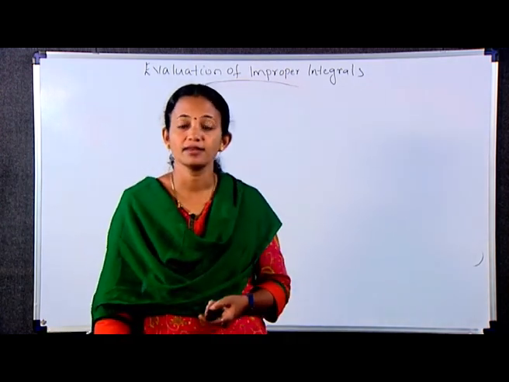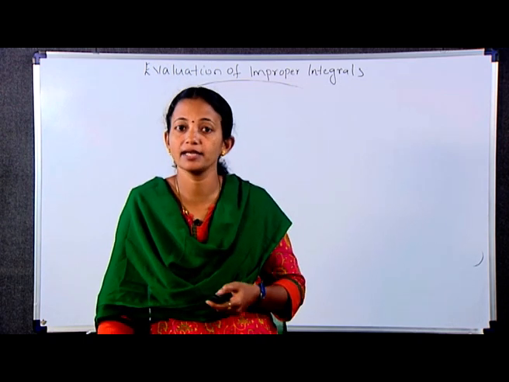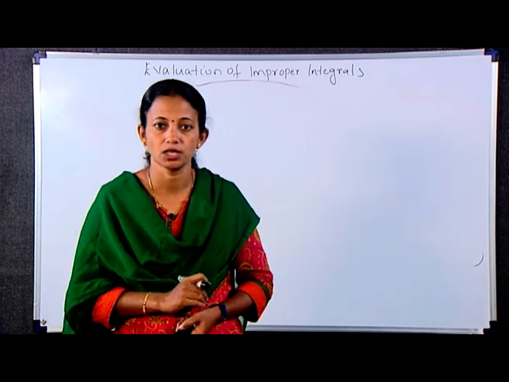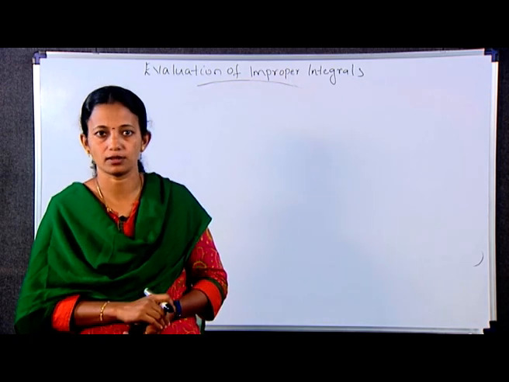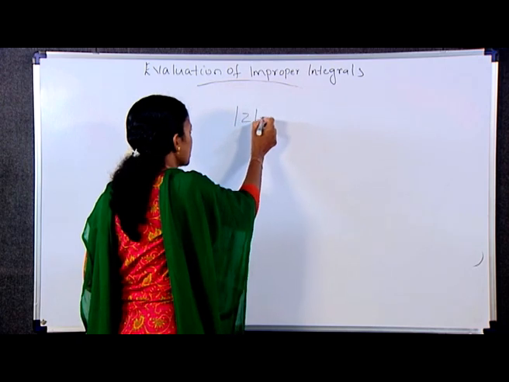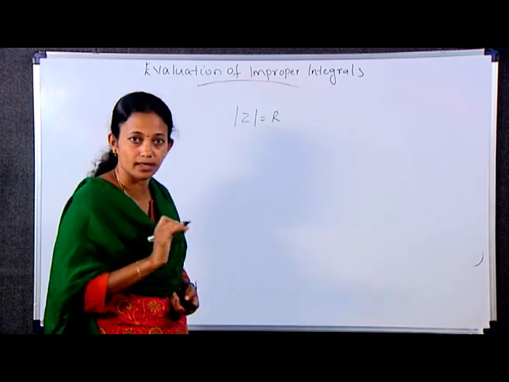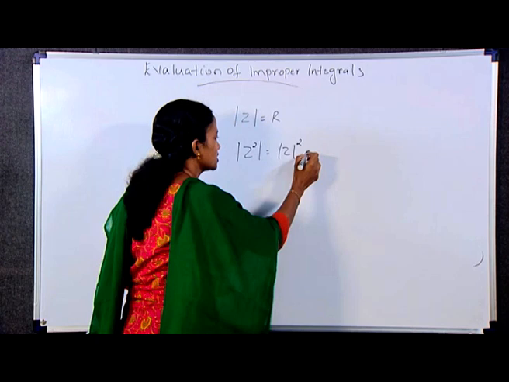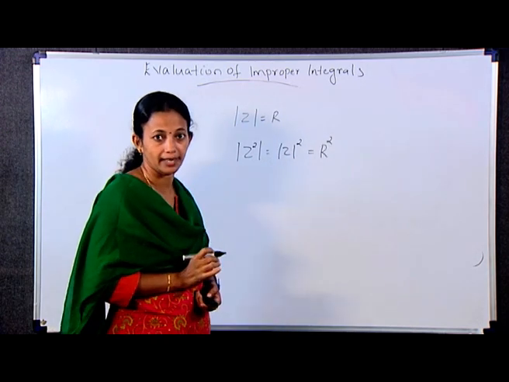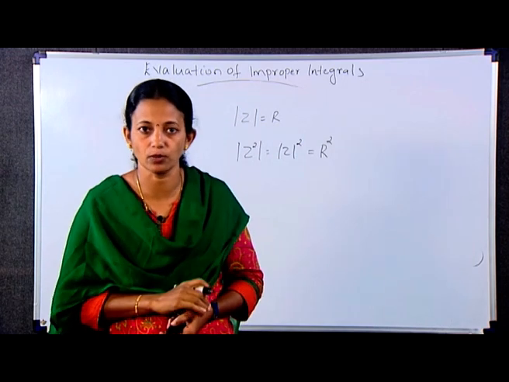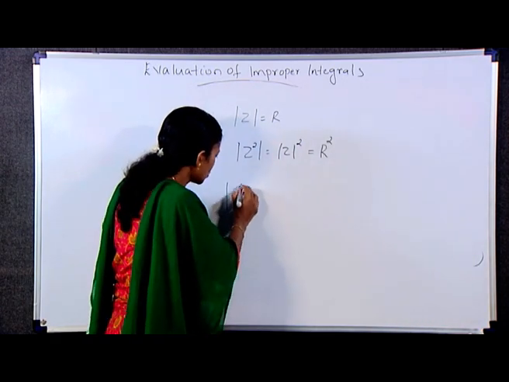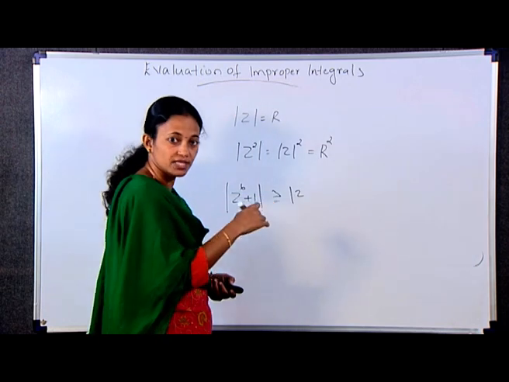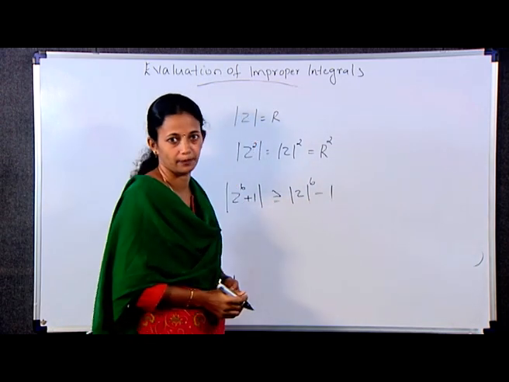We now show that the value of the integral on the right in equation number 15 tends to 0 as r tends to infinity. To do this, we observe that when mod z is equal to r, that is mod z square is equal to r square. And by an application of the triangle inequality, we can write modulus of z raised to 6 plus 1 is greater than or equal to modulus of z raised to 6 minus 1.